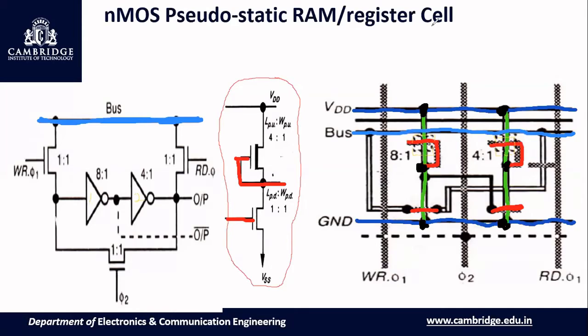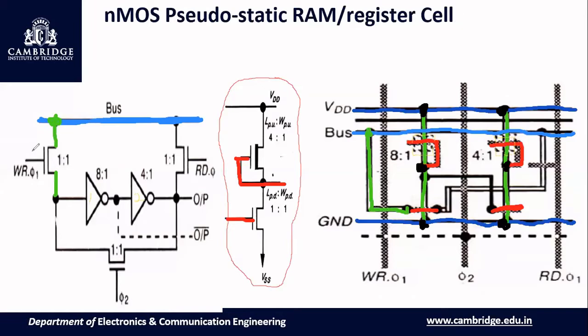Now we'll draw the pass transistor. You can make out, this is one pass transistor. One end of the pass transistor is connected to the bus.